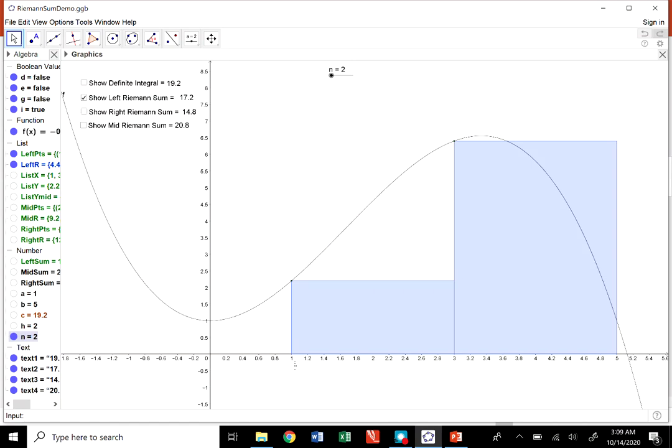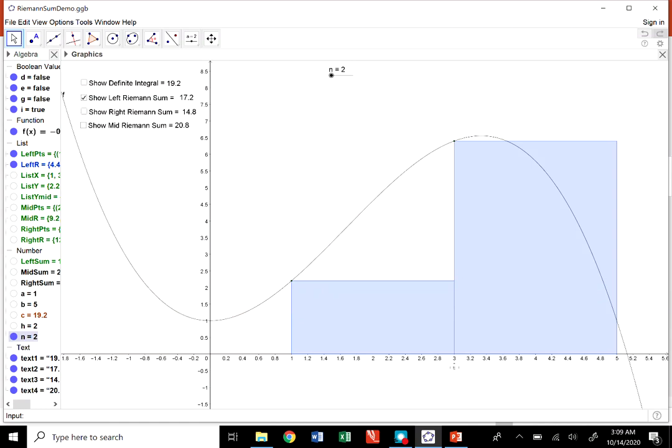The width of each rectangle is whatever is the width of that subinterval: 1 to 3 is one subinterval, 3 to 5 is the other subinterval. What's the height of each of those rectangles? Whatever is the function's value at the left endpoint. So for 1 to 3, the left endpoint is still 1, so f of 1 is the height of the first rectangle.